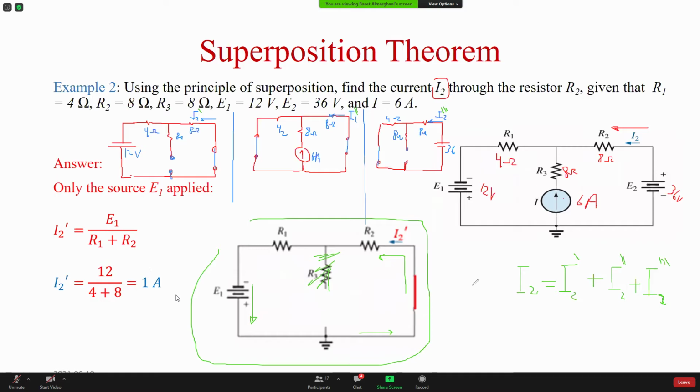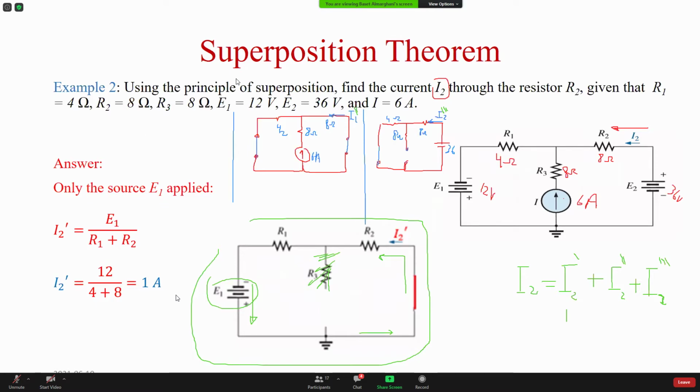So I get this current 1: the total voltage E1 divided by these two resistances. This is the first part, the circuit where only the source E1 is applied.